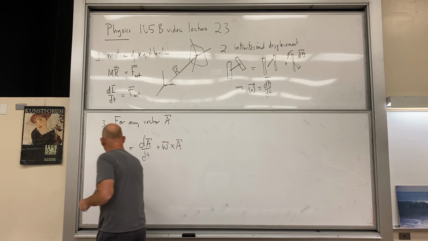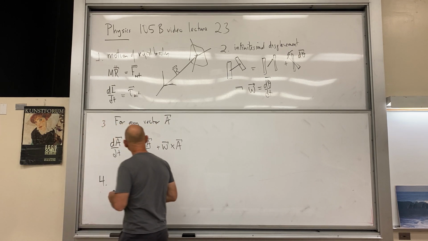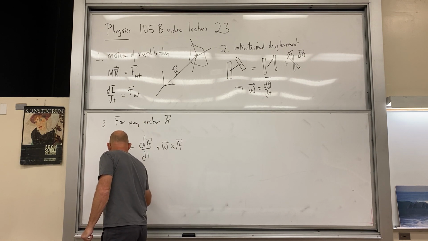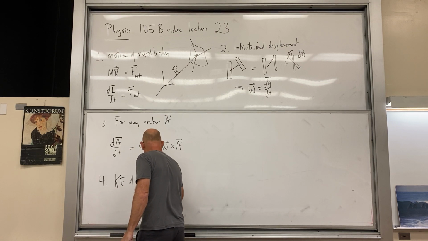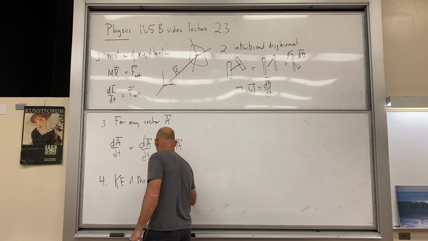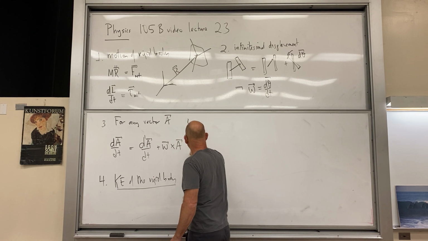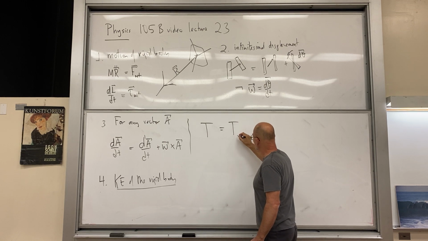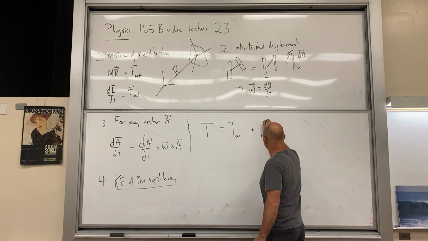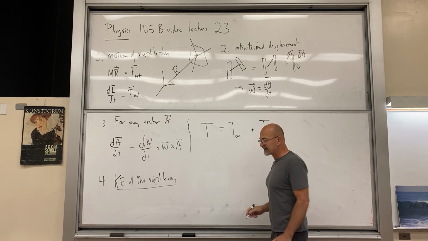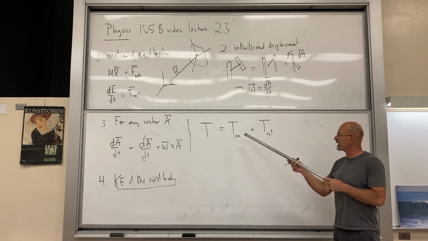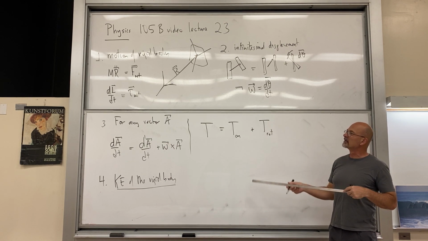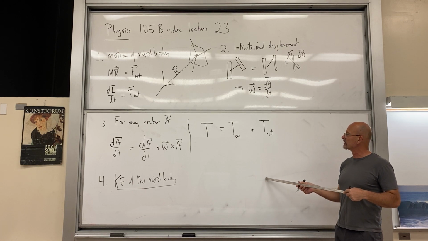Okay, then, and this is getting to where we were at the end of the lecture, we were looking at the kinetic energy of the rigid body. And we came up with T is the translational or center of mass kinetic energy plus the rotational kinetic energy. And this really corresponded to the translational plus the internal kinetic energy that we had at the beginning of this semester or the end of last semester.